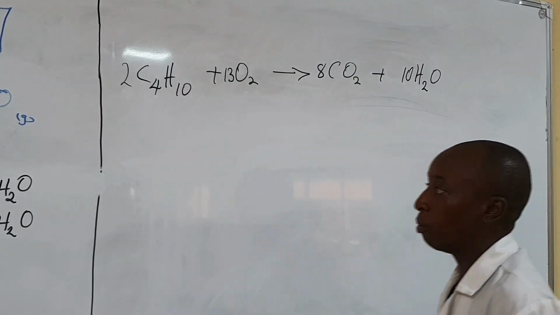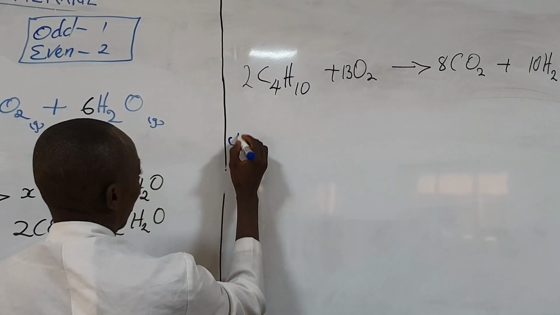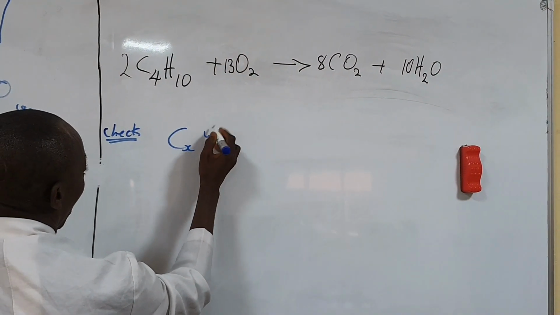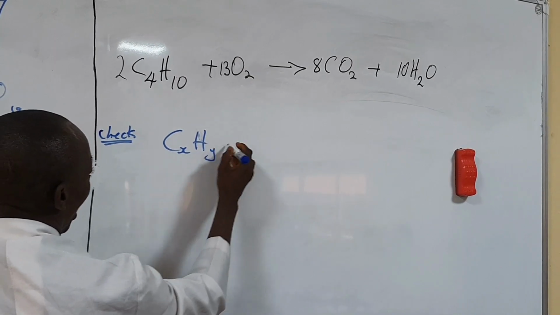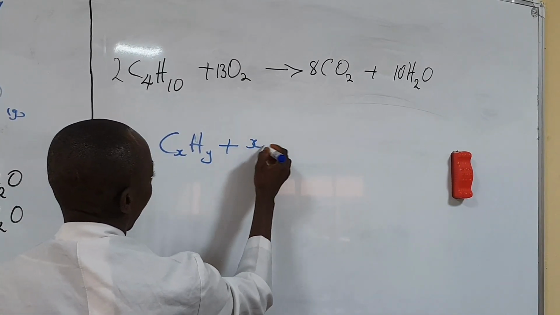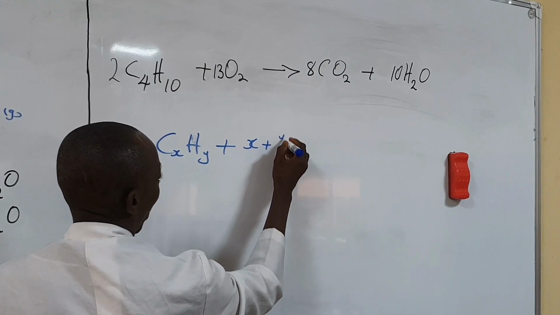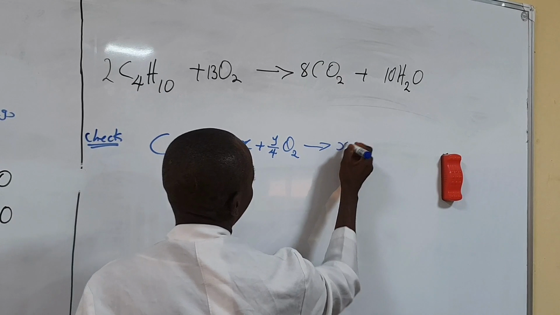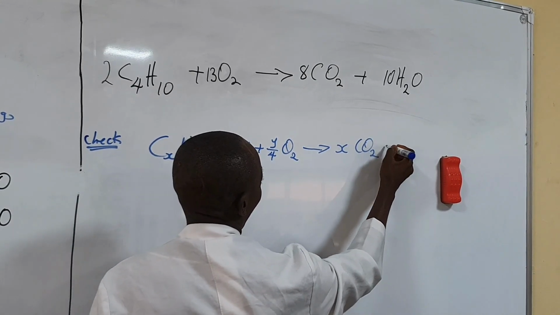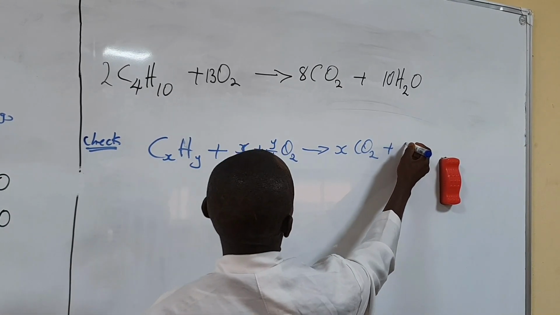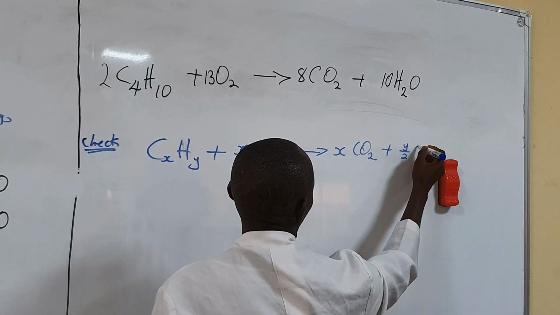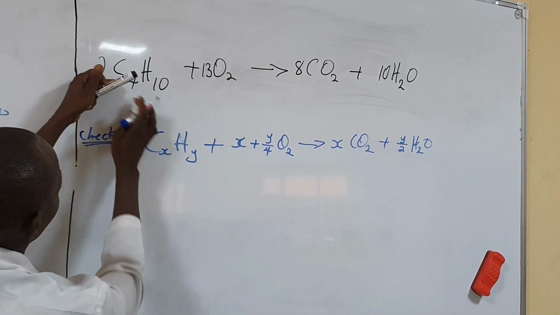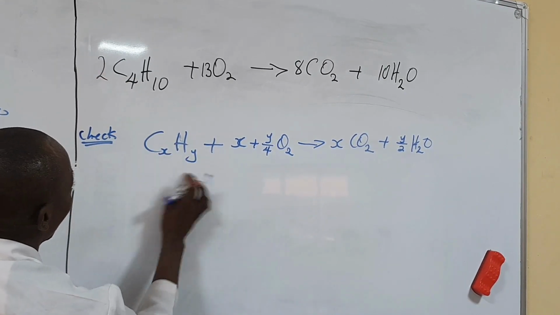Now, going by our formula to check after examination. The formula remains CxHy plus x plus y over 4 of oxygen atom will give you x moles of CO2 and y over 2 moles of water. Alright, let's try to balance it out. Let's substitute this with butane.